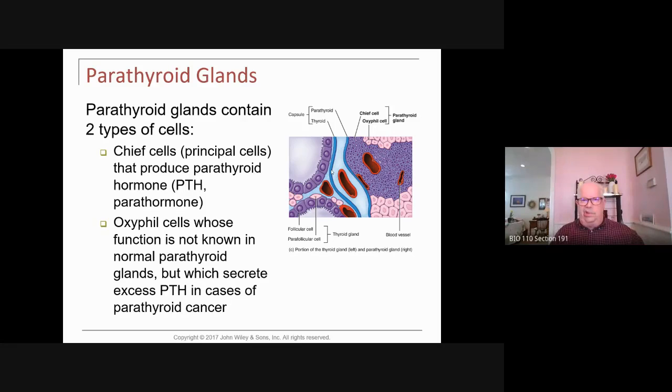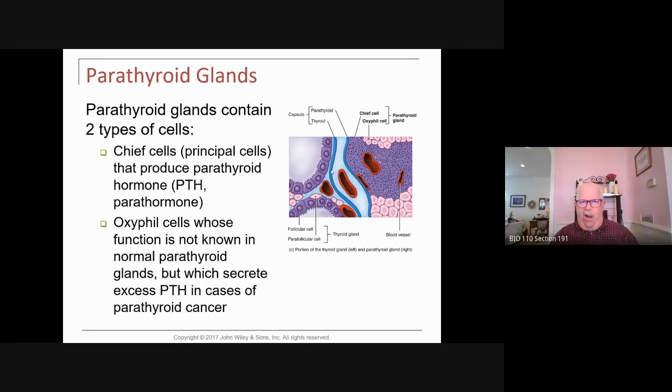So, what did you just learn about the thyroid gland? You learned that the parafollicular cells produce calcitonin, which will lower your calcium levels. And now here is the antagonist hormone in the parathyroid glands that will increase your calcium levels.